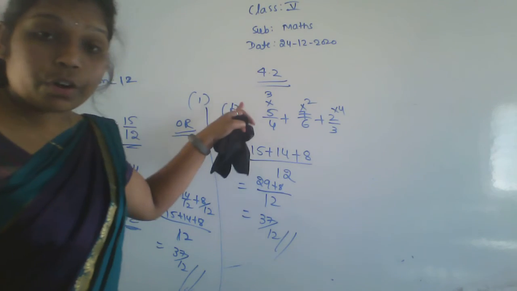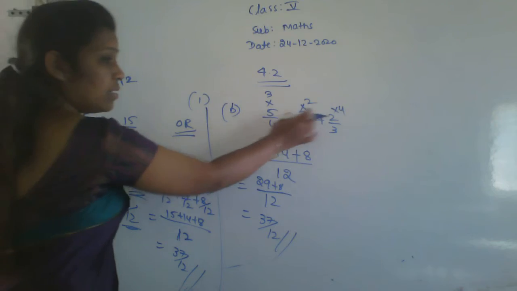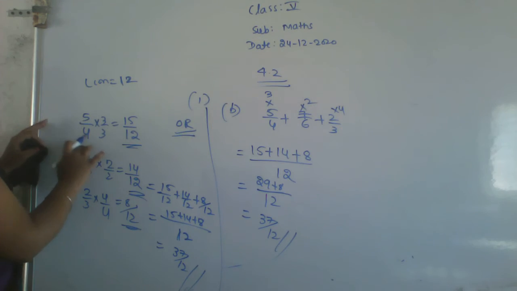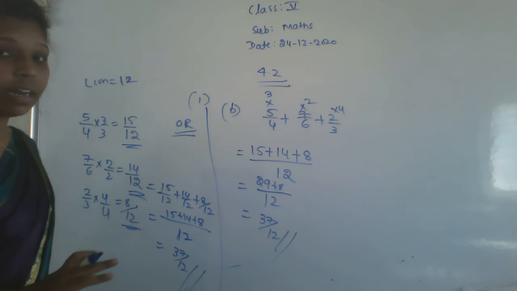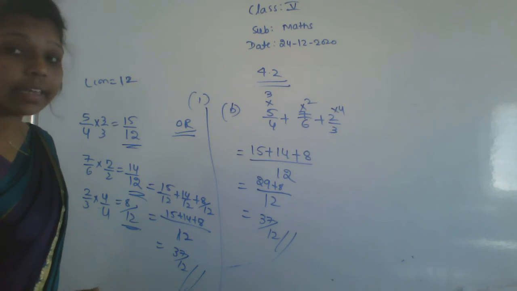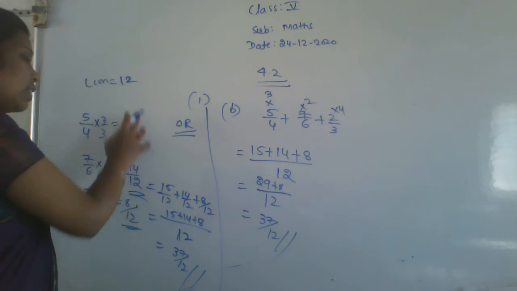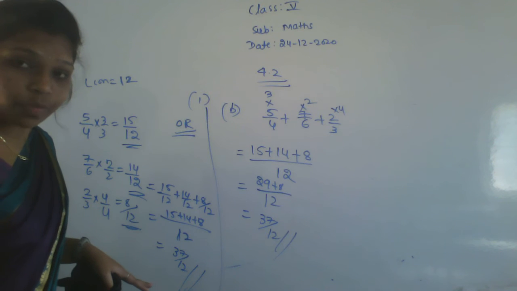If you are not getting how to multiply here, then take a separate fraction, 5 by 4. Our intention is to make the denominator the same value, same as you did in comparing in ascending and descending order. Like that you have to do first. After that add all the values, because here they have given addition.